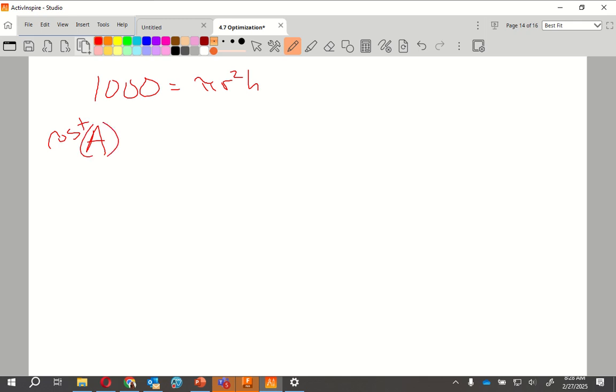It's probably going to be pertaining to r. We'll see that in a second. So the cost for this one is going to be the top and bottom, which is my 2 pi r squared, because those are my 2 circles, right?